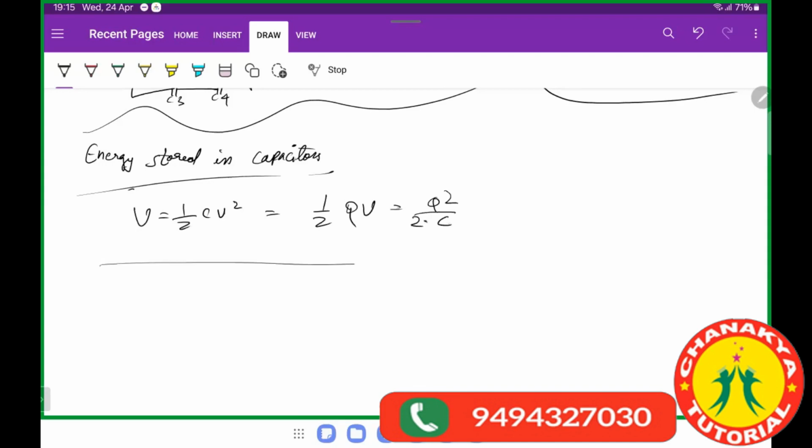These are the formulas of energy. Same way we had for electric field also, a similar condition.